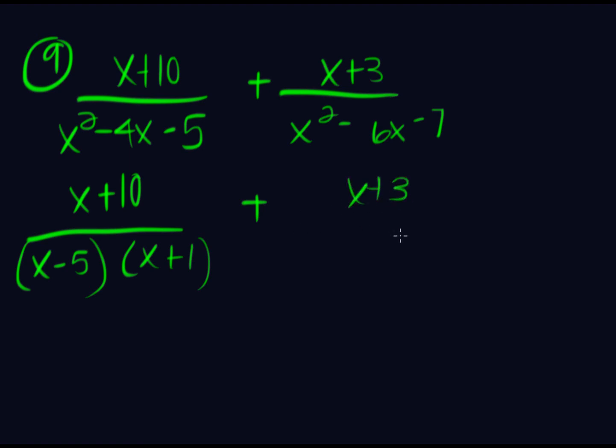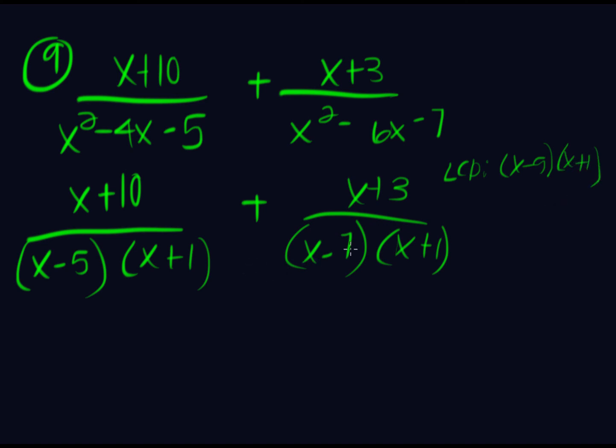In the second expression, if I look at that trinomial, the factors of -7 that add to give me -6 would be -7 and +1. So my least common denominator is x minus 5, and then I write down x plus 1, and then I can write down an x minus 7, but I already wrote down x plus 1, so I don't need to write it down again.